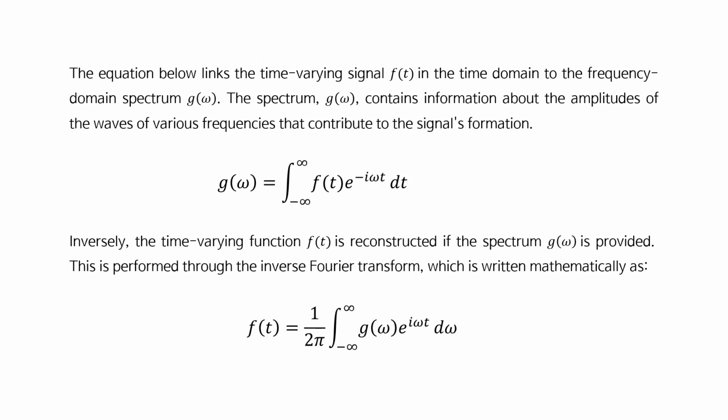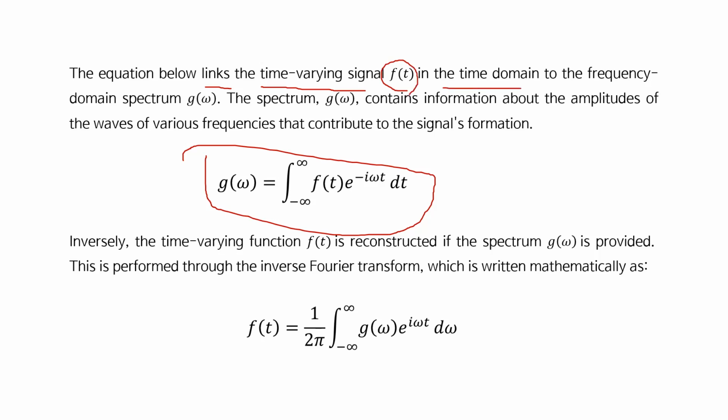This equation links the time-varying signal f(t) in the time domain to the frequency domain spectrum G(omega). The spectrum G(omega) contains information about the amplitudes of the waves of various frequencies that contribute to the signal's formation.